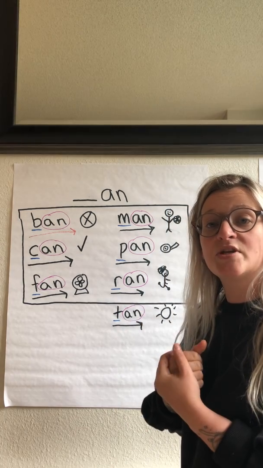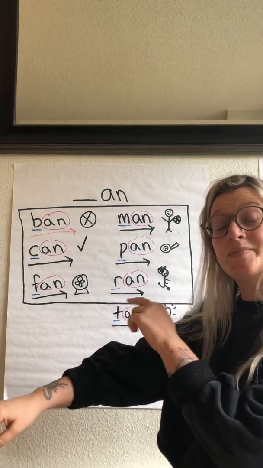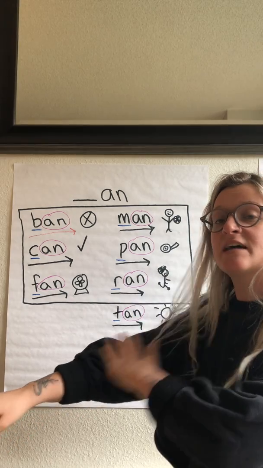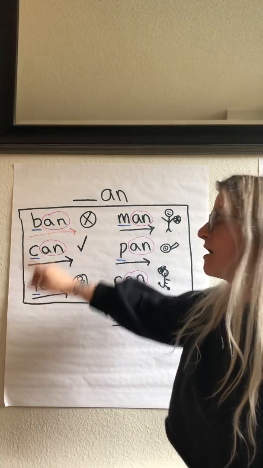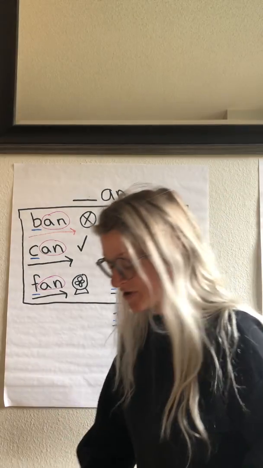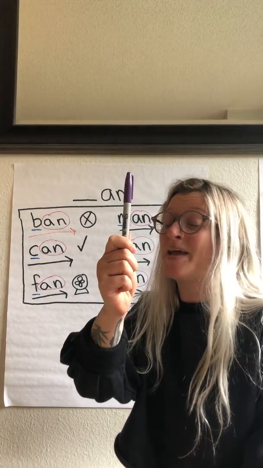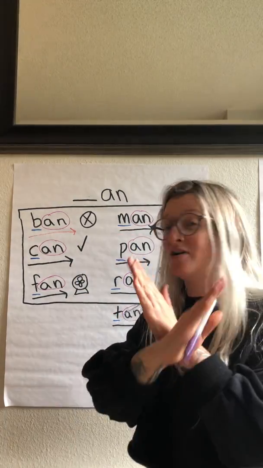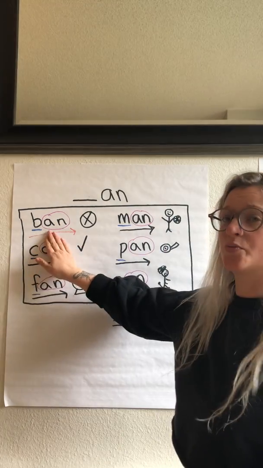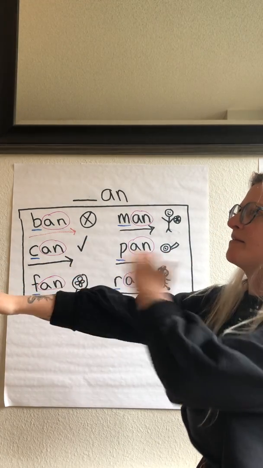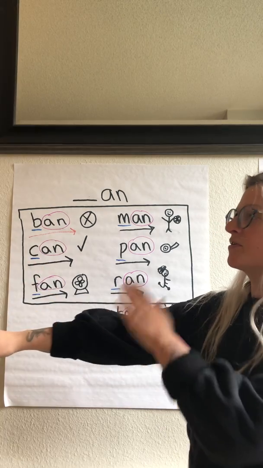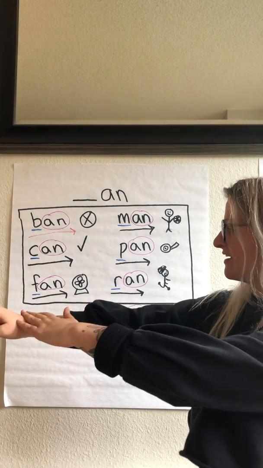All right, now is the time. We're going to slide through these words on our arms, chopping up each sound, and then sliding through to say the word. Let's start up top with ban. Remember, our markers, I had to ban them from our pencil tubs. They were not allowed. Let's chop this word up. B-an, ban. Moving down. K-an, can.